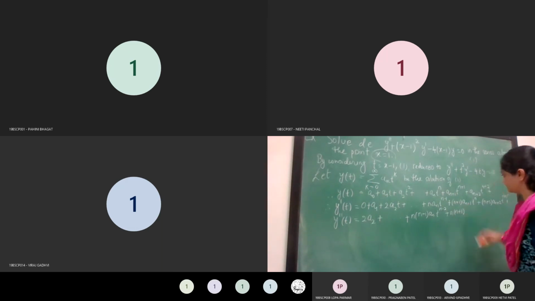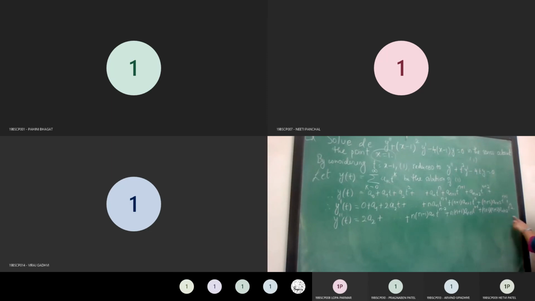So (n plus 1) n a_(n+1) t raised to n minus 1, plus now for this term (n plus 2)(n plus 1) a_(n+2) t raised to n, plus up to plus.